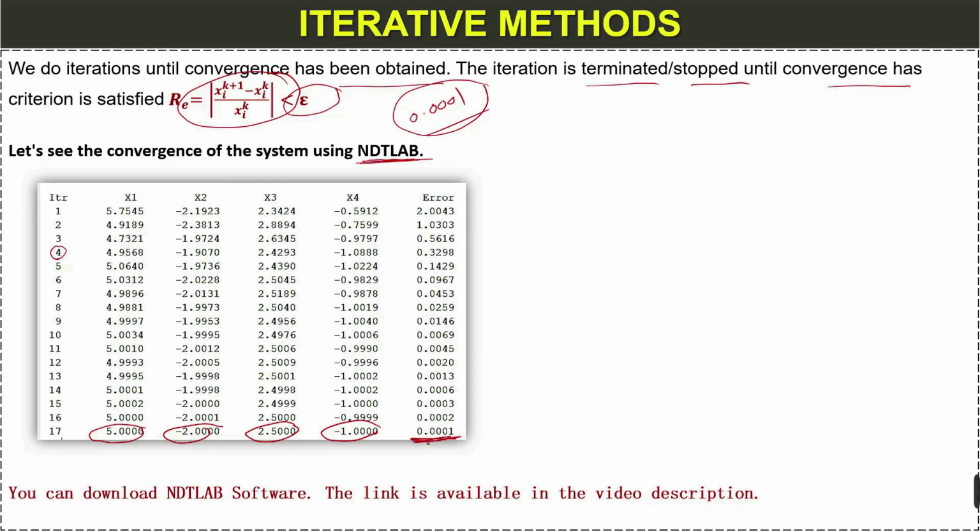After achieving this tolerance, we can see that the iteration is solved and we have the estimated solution: x1 is equal to 5, x2 is equal to -2, x3 is equal to 2.5, and x4 is equal to -1. So the solution of the system of linear equations is 5, -2, 2.5 and -1.